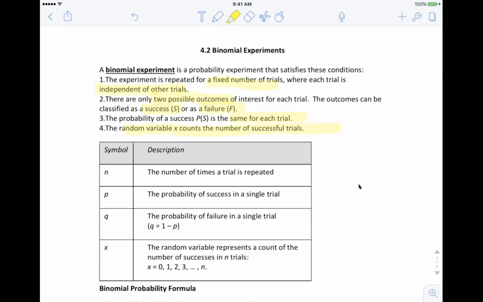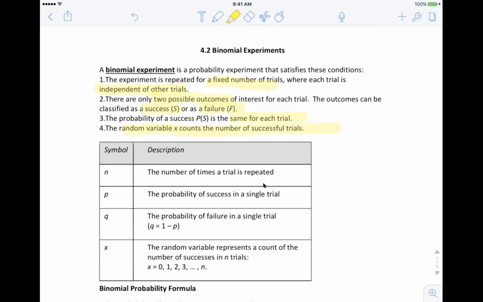We could do it with a roll of a die, right? What's the probability if you roll a die 10 times that you get a 3 exactly 5 times? Each one, you either do get a 3 or you don't get a 3. The probability that you do get a 3 is less than that you don't, but it's still a success or a failure. Binomial experiment.